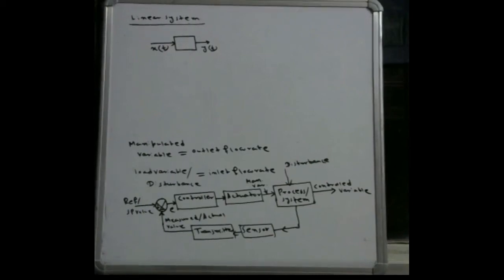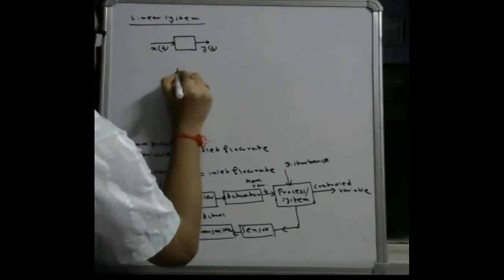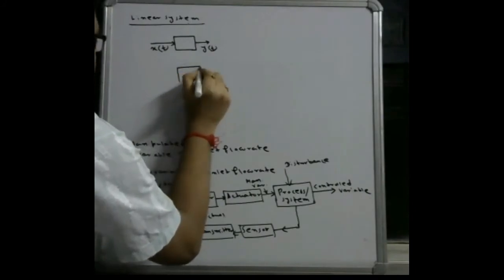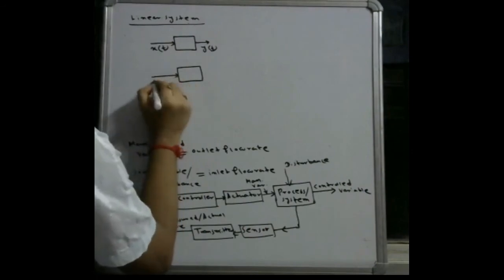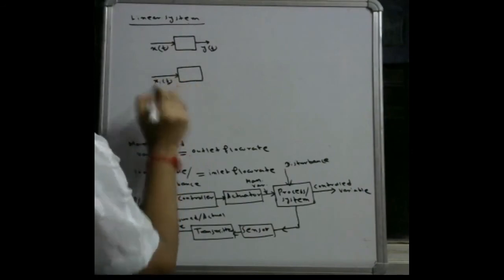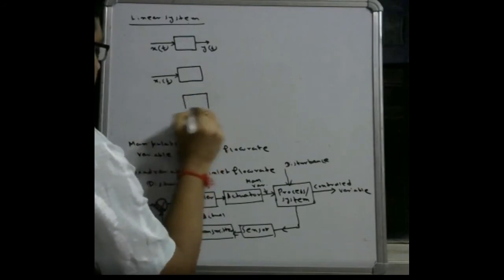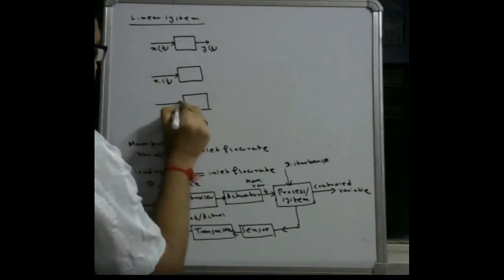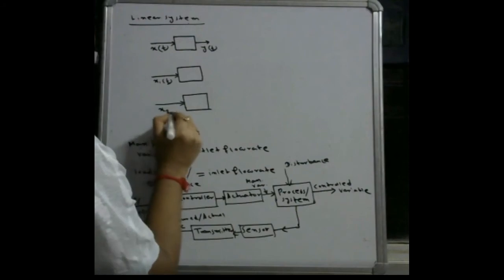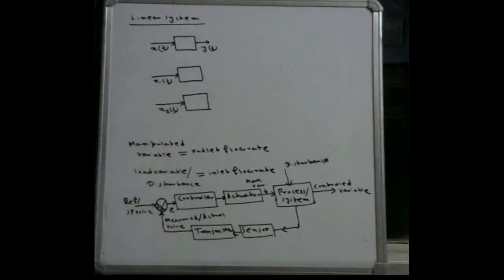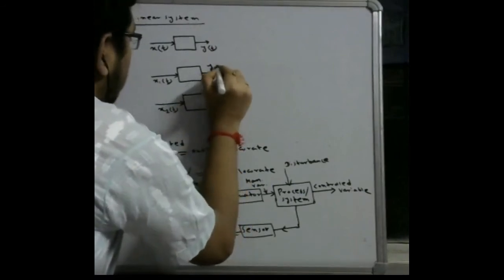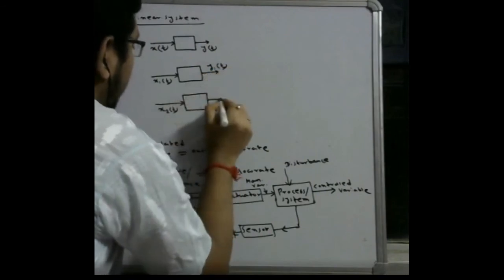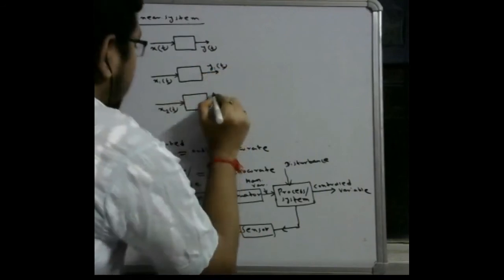Now suppose we are giving the system two different inputs. One is x1(t), and the same system will be given another input, that is x2(t). Now corresponding to x1(t), suppose we have the output y1(t), and for x2(t) we have y2(t).